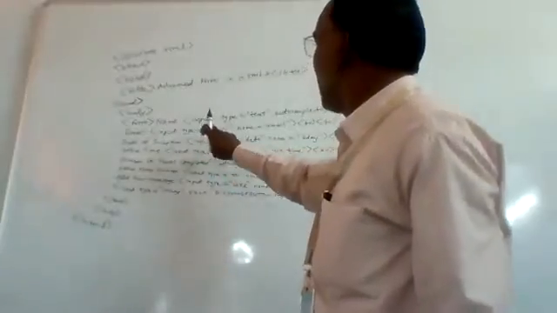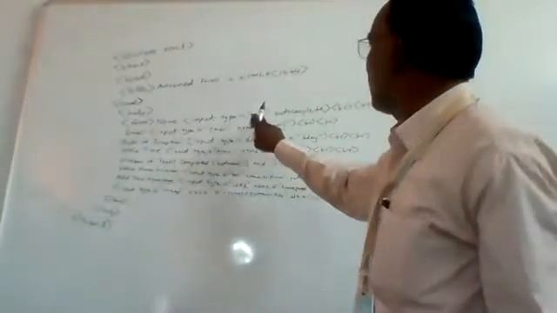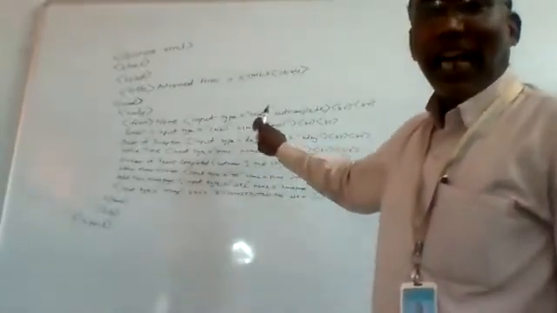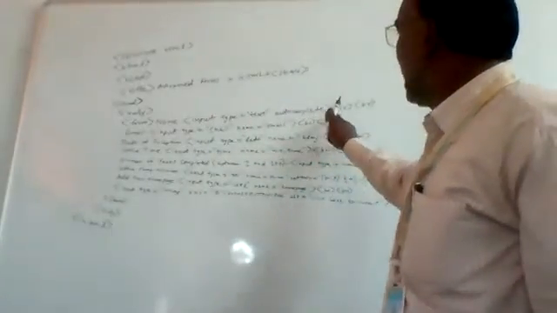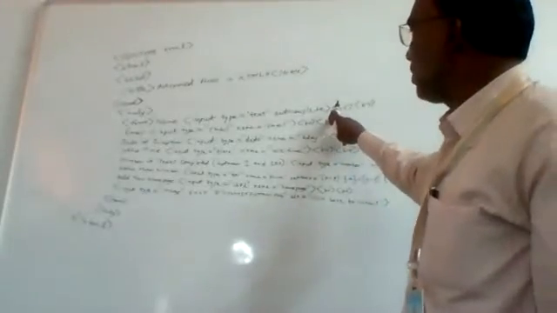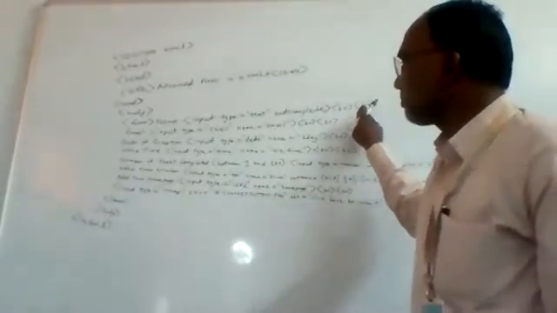Name, input type is equal to text, autocomplete. Here we are closing this input tag. Then we are giving a break, the br tag.